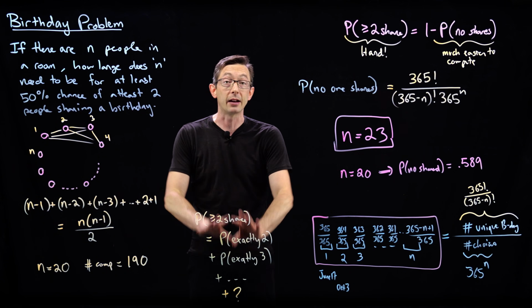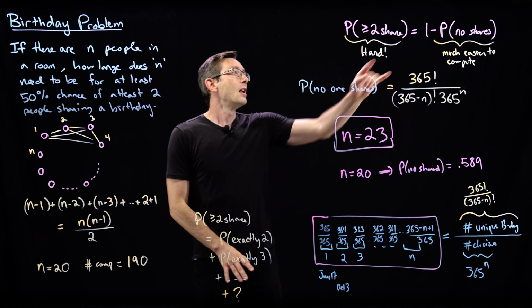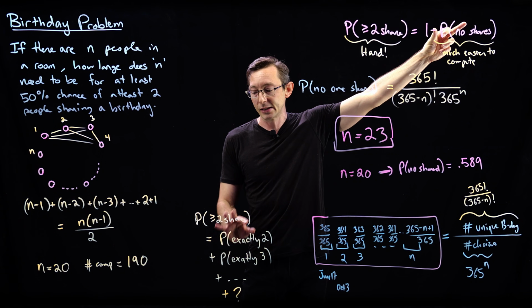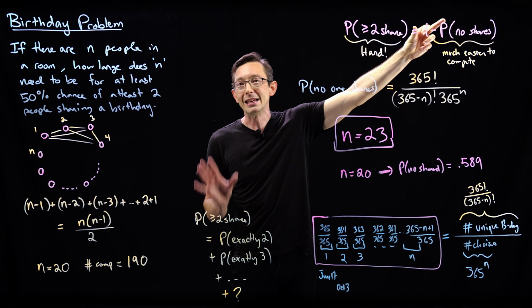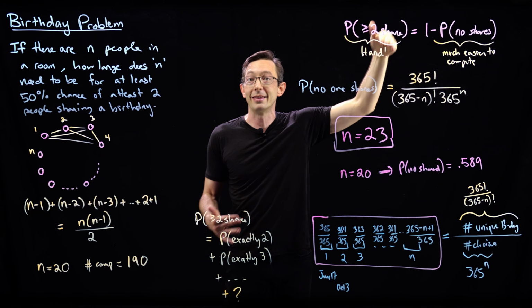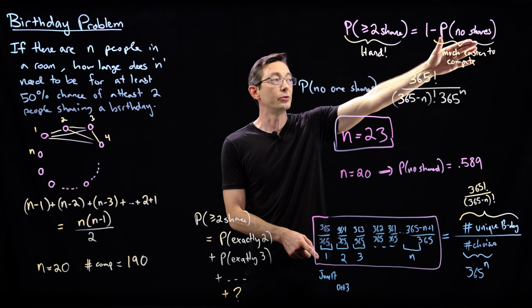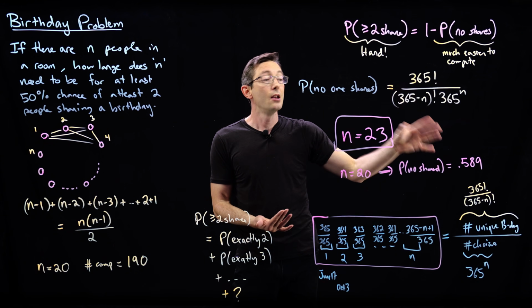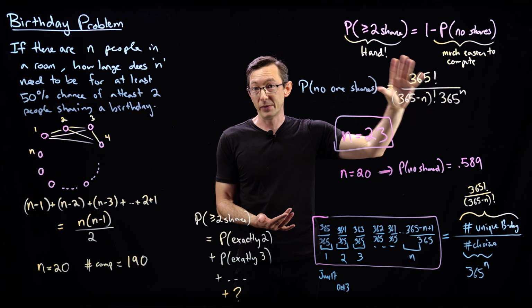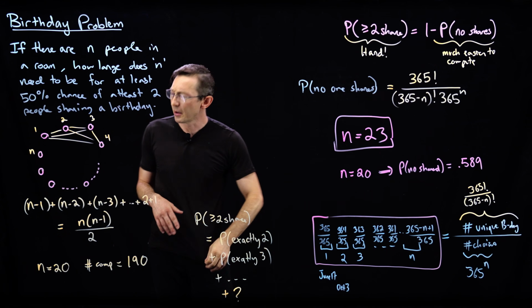There's all kinds of weird stuff that can happen, very hard to compute. Very often in those cases where it's hard to compute something, it's easy to compute the complement of that thing not happening. And so that's what we did here. It's a very simple formula to compute the probability of no shared birthdays, which allows us to get this really nice, easy expression.